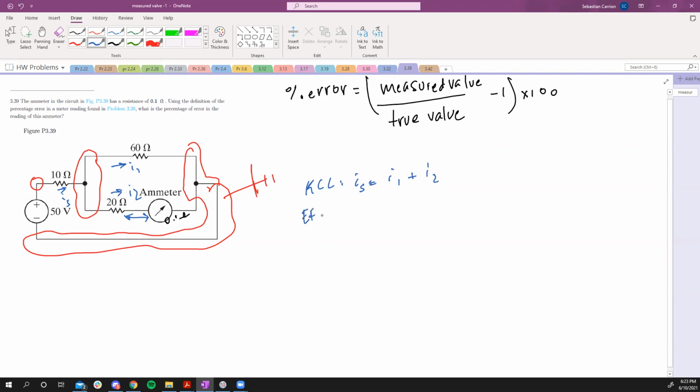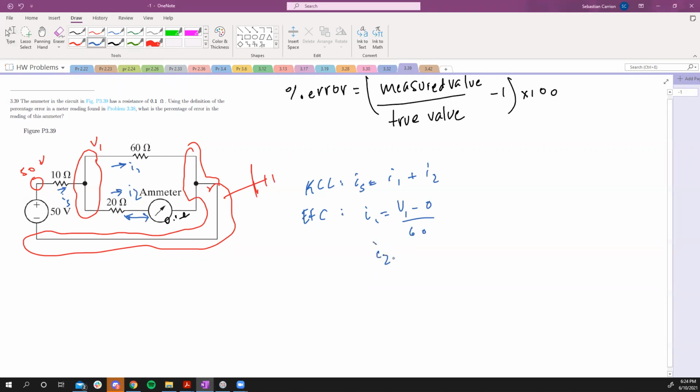And then EFC is gonna be I1 equals, oh, I forgot to label this. I'm gonna call this 50 volts V1. So I1 equals V1 minus 0 over 60.